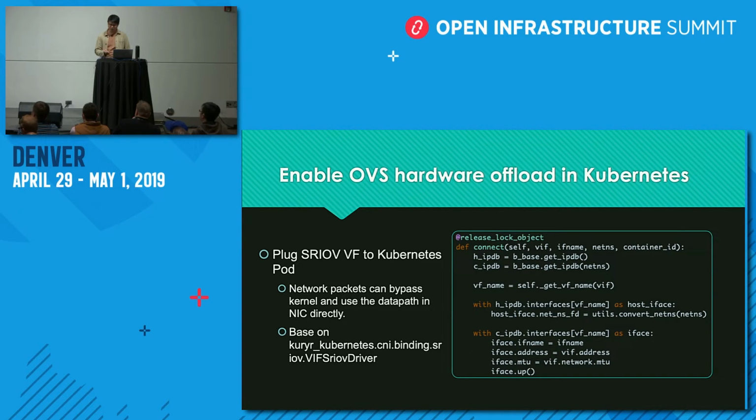So in our case, we need to find a VF from the hardware NIC that supports OVS hardware offload. So we created a new CNI binding driver for it. The code snippet in this page is from that driver, which finds an available VF, sets the port namespace as the VF's namespace, configures it, and brings it up.